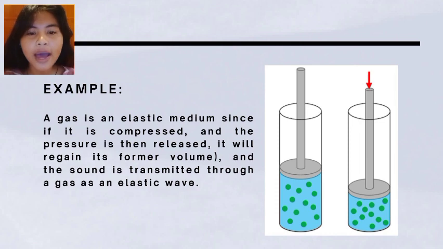From a high volume, the volume of the gas will decrease, and then the pressure increases. However, when the deforming force, which is when we press the bar to the container, has been removed, the volume of the gas returns to its original quantity, and then the pressure also returns to its original quantity.